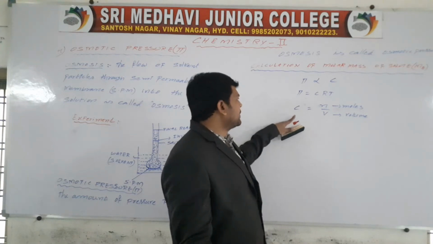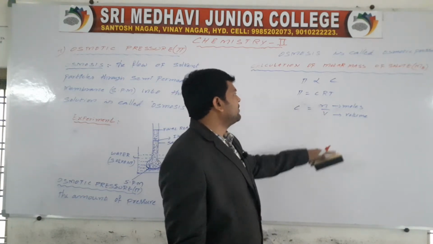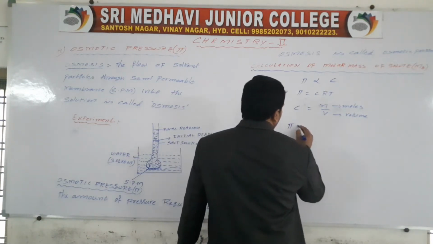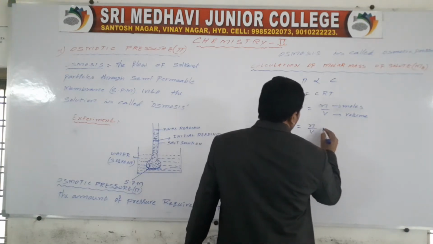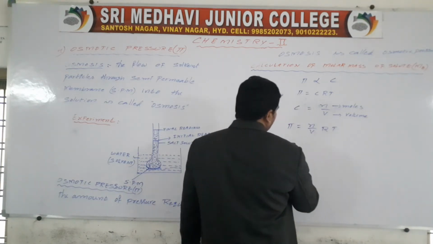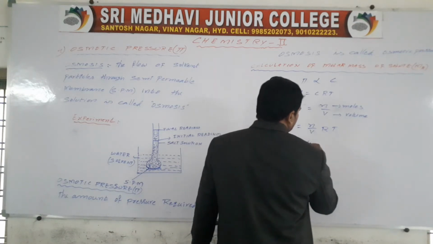So in place of C equals n by V, I am writing pi equals n by V into R into T.